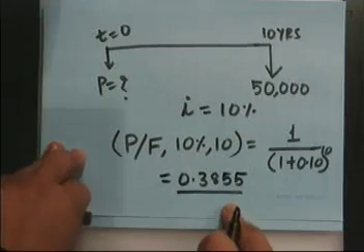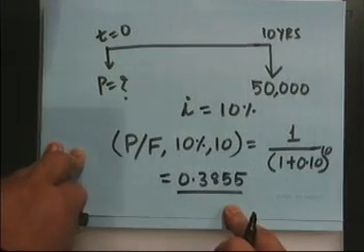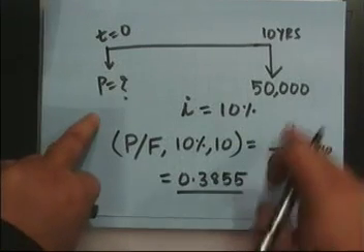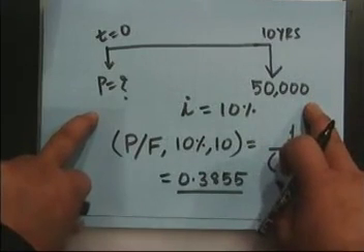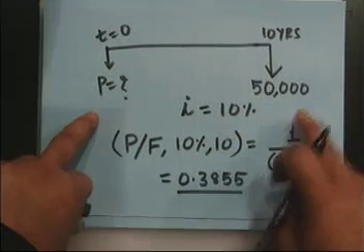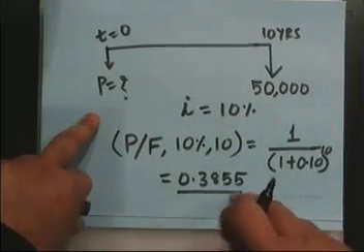This factor you can check from the interest factor tables. So, what is the meaning of this factor? 1 rupee at the end of year 10 is equivalent to 0.3855 rupee now.